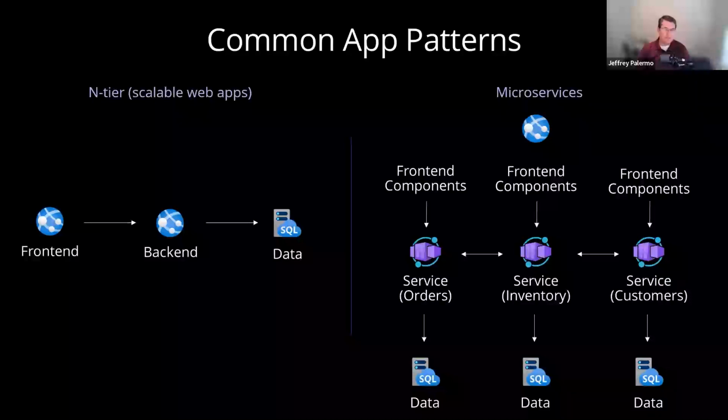On the web front, it's a web application, maybe a SPA application in a browser, calling over to a server with some web services that then calls over to a database, or a Windows application or a mobile application running on a device that calls via some protocol over to a server, which then calls over to a SQL Server database. And so those have been around for a long time.